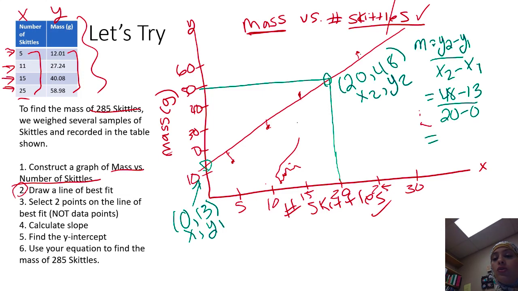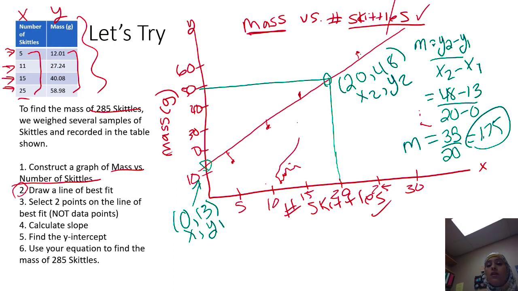When we do that, this is going to be 35 over 20. When you calculate that, this comes out to 1.75. So your m here is 1.75.